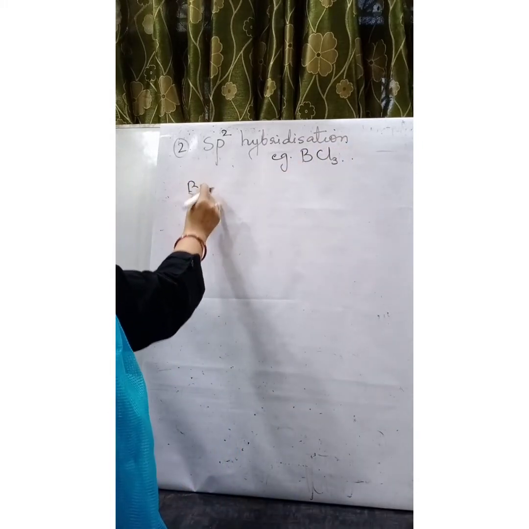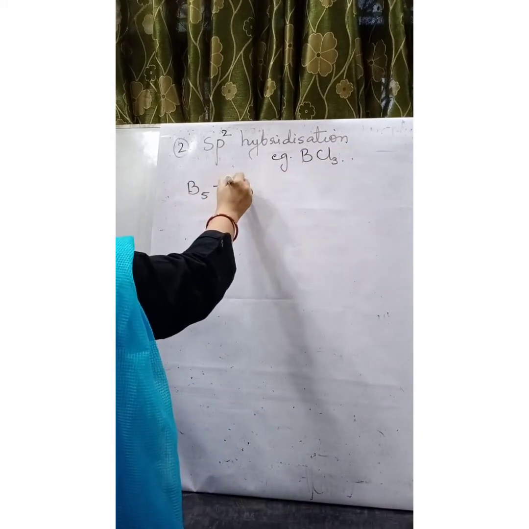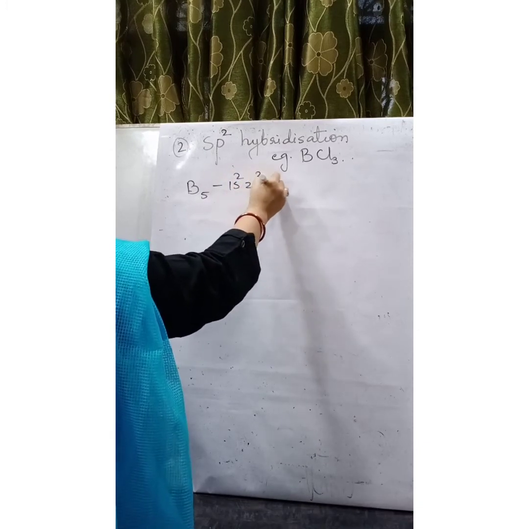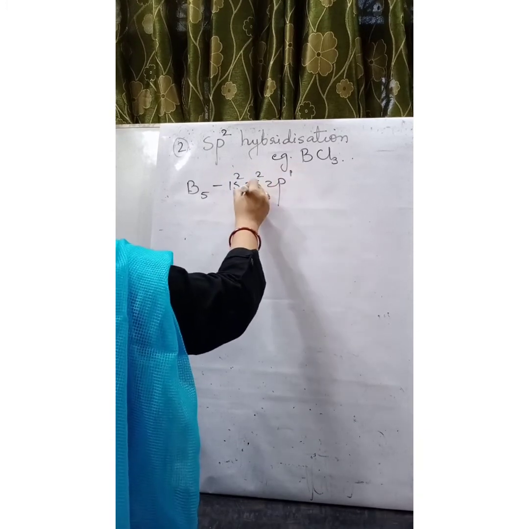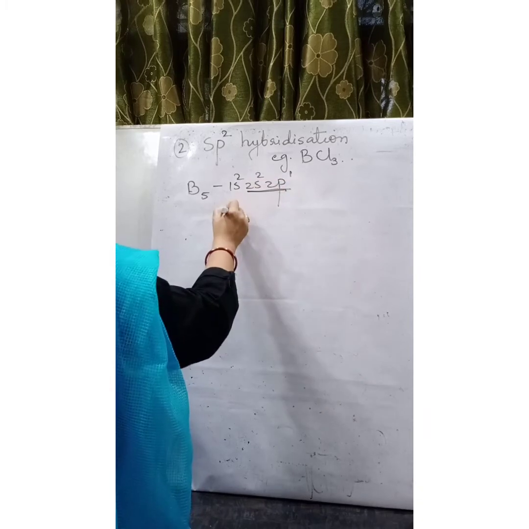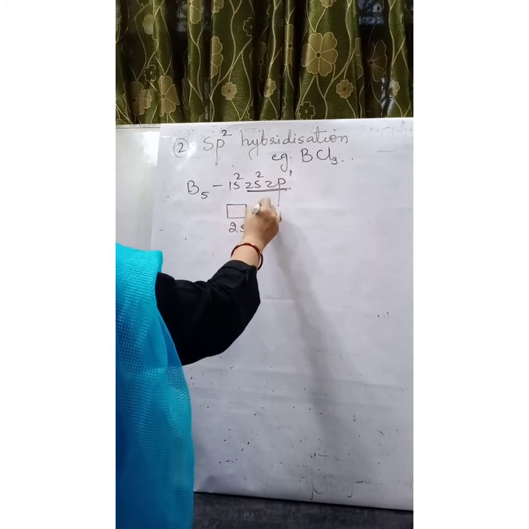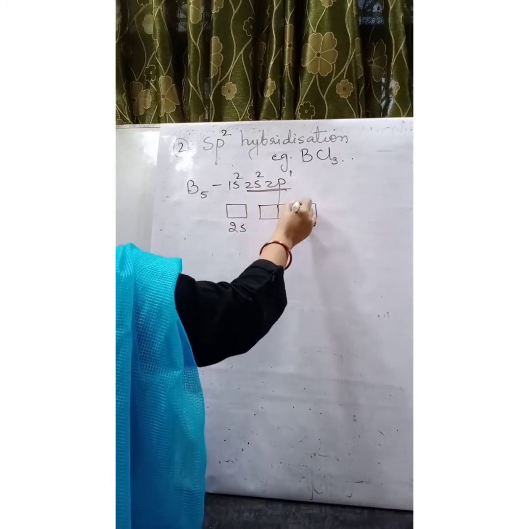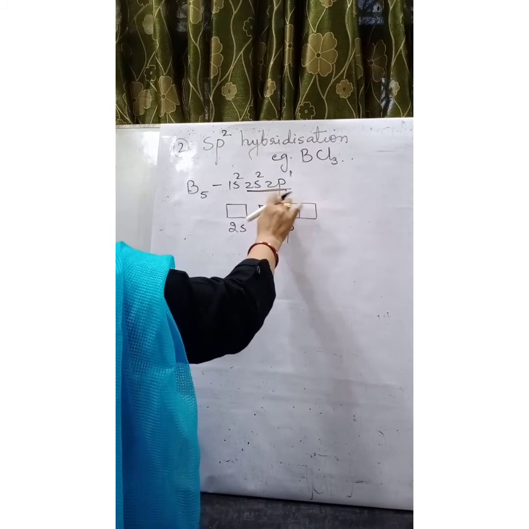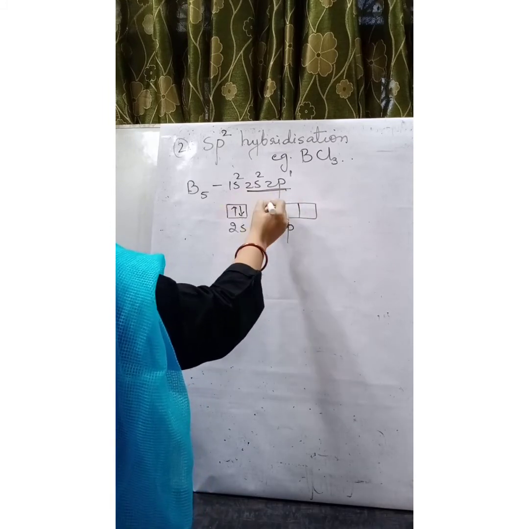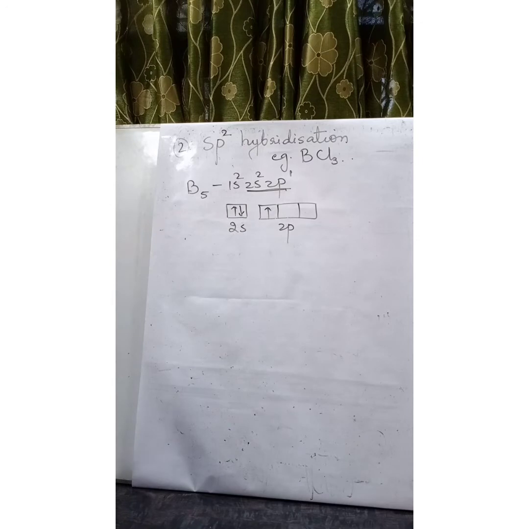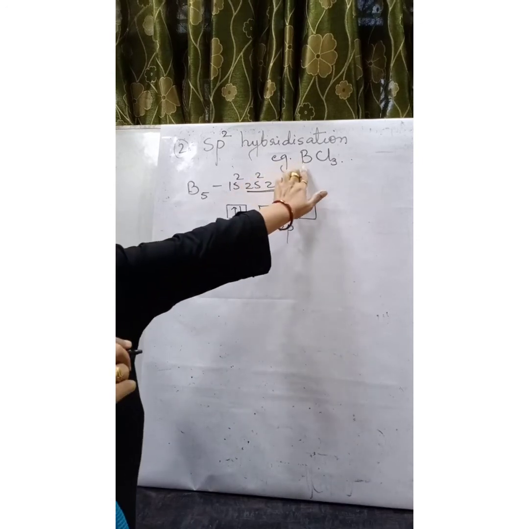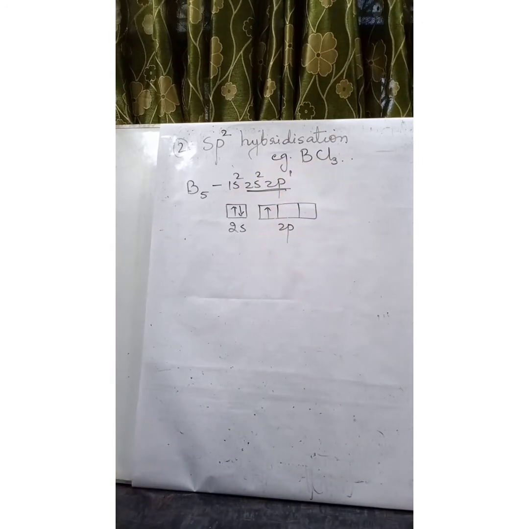Boron atomic number is 5: 1s2, 2s2, 2p1. This is the valence shell, 2s and 2p, with 2 electrons here and 1 here. Now boron is combining with 3 chlorine atoms, right?